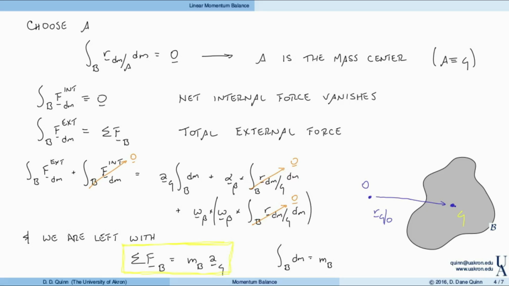So I want to find the acceleration of this single point, and that is going to be equal to, well, multiplied by the mass, the total force acting on the object. So we now have the equations for linear momentum balance. And again, it ends up looking like sum of the forces is mass times acceleration.